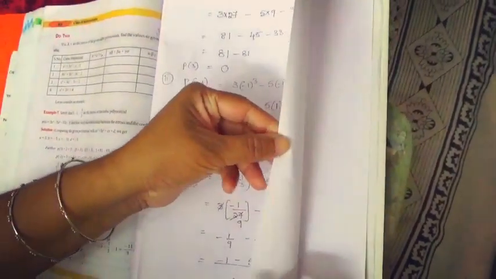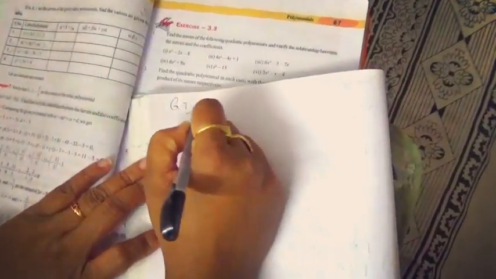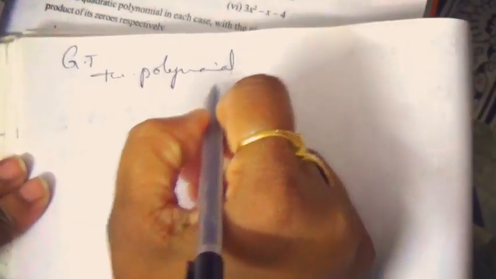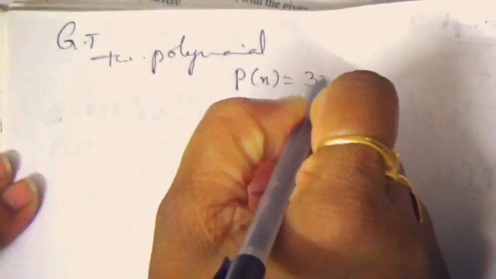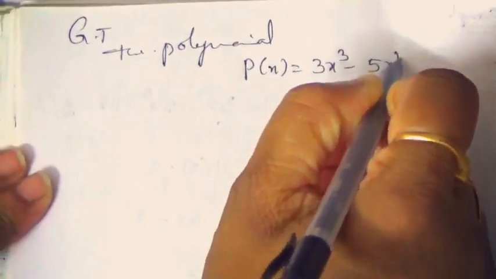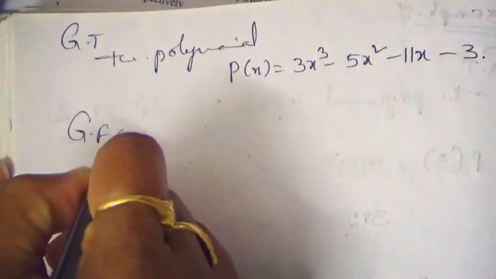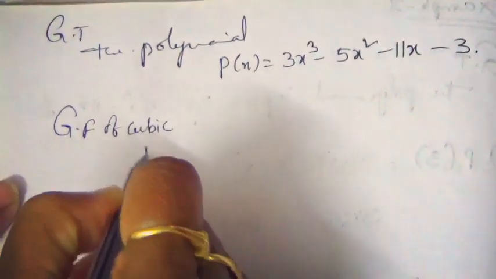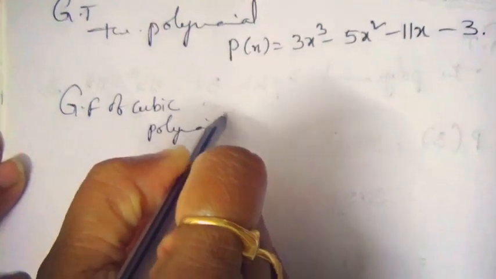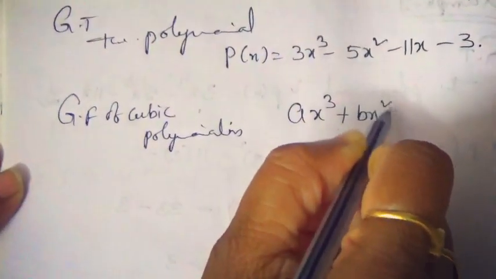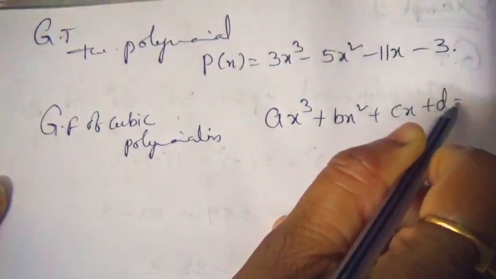And also we have to find out the relationships of the given polynomial. First of all, given that the polynomial is p of x equals 3x cube minus 5x square minus 11x minus 3. The general form of a cubic polynomial is ax cube plus bx square plus cx plus d equals 0.